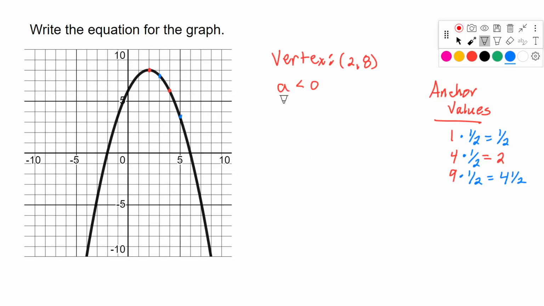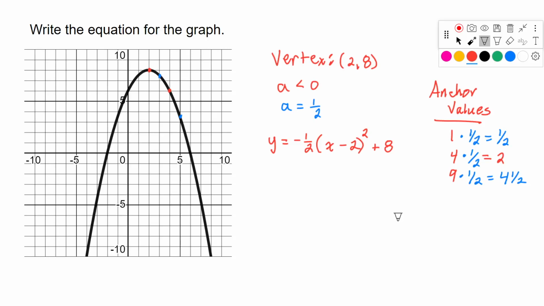So we can say that the a value is equal to 1/2. And now we can write the equation. y equals, we know a is less than 0, so a negative 1/2 times (x minus 2) squared plus 8.